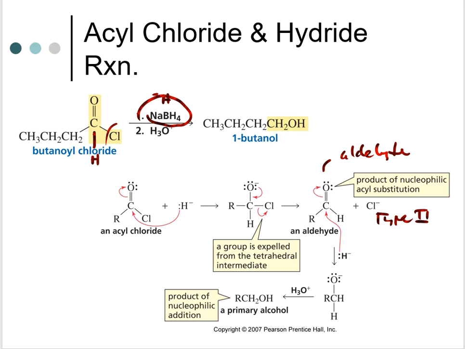So this aldehyde reacts as a type 2, and it will react with the hydride too, just like the acyl chloride did. So this is kind of the middle step here, because we're not yet done. So this type 2 carbonyl reacts with the hydride from the sodium borohydride that's there. There's nothing that we can do to stop it. It's going to happen. It's going to go forward.